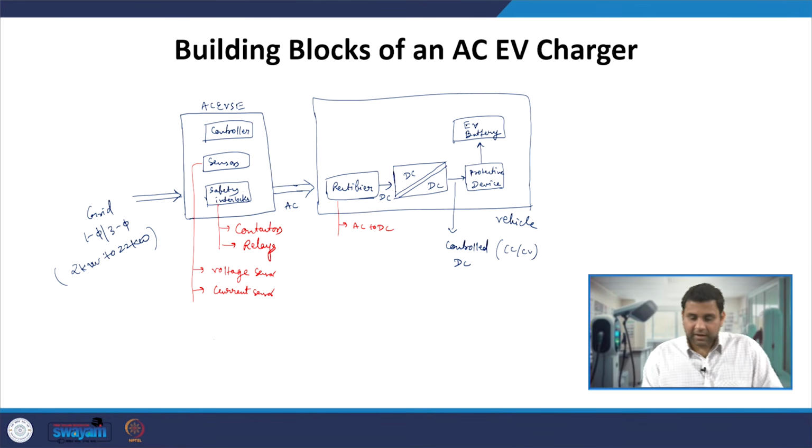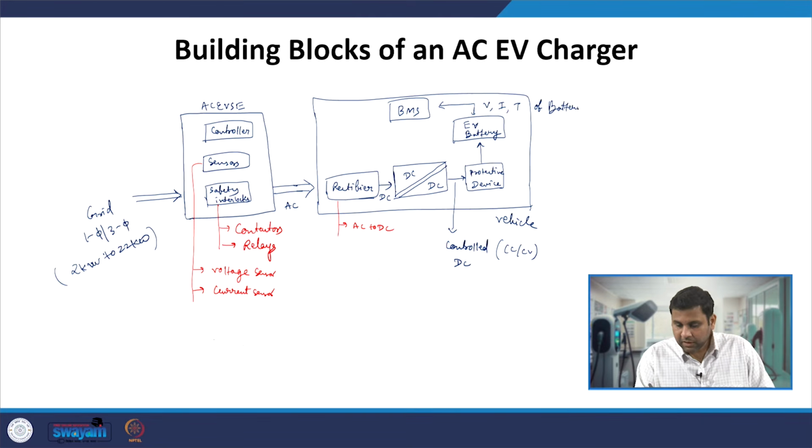And once the EV battery is there, it will be monitored by the BMS, which is a battery management system that continuously monitors voltage, current and temperature of battery cells.